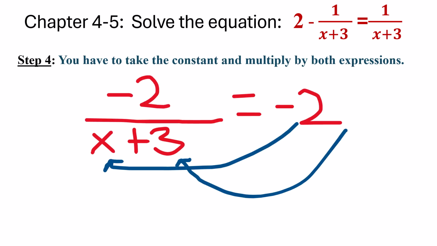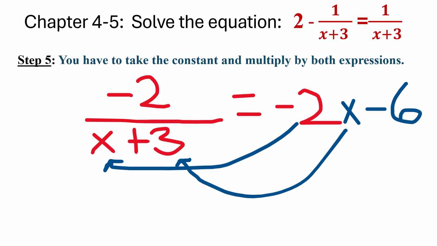Now, we can multiply by both expressions. Negative 2 times x plus negative 2 times 3. There's a plus. And let's look what's going on here on the other slide. Okay?